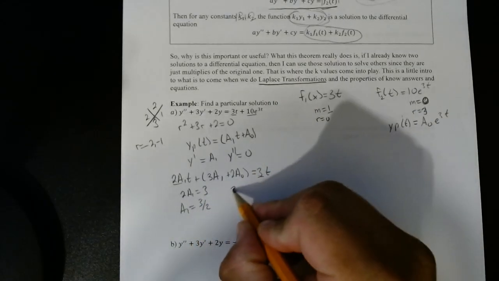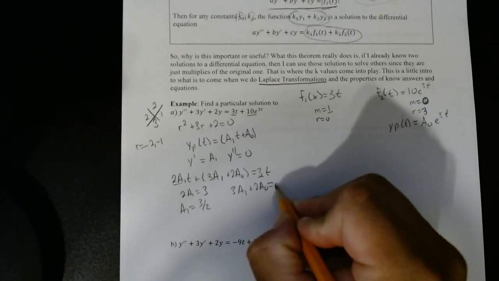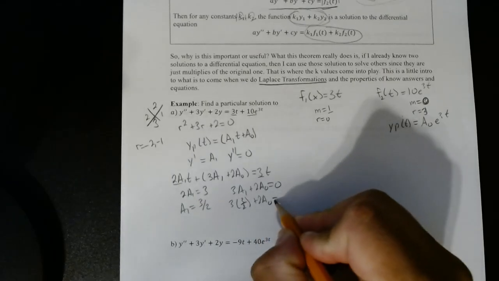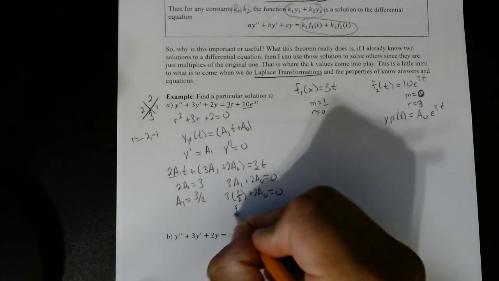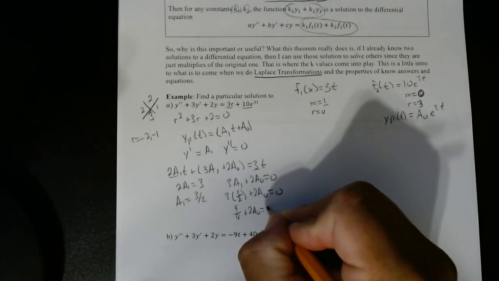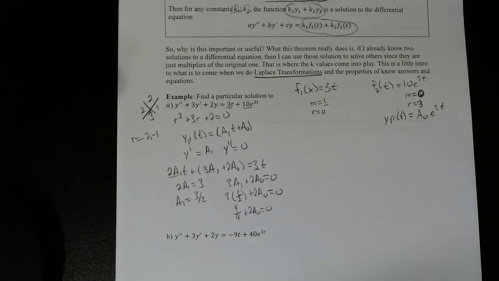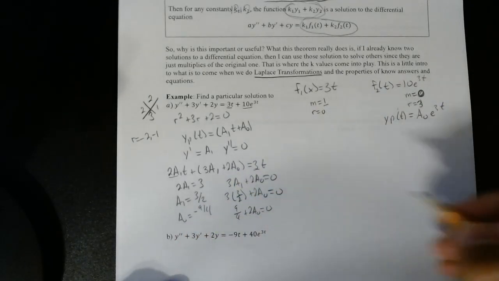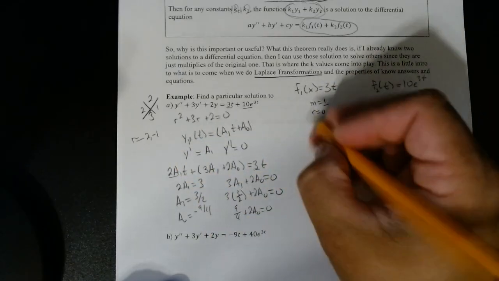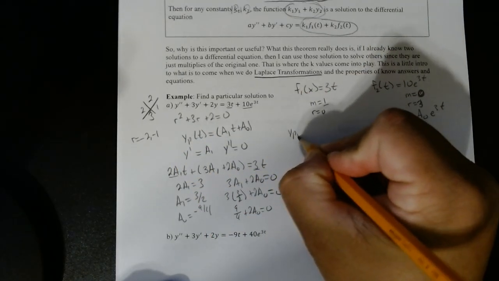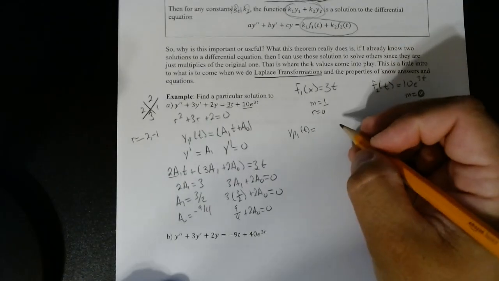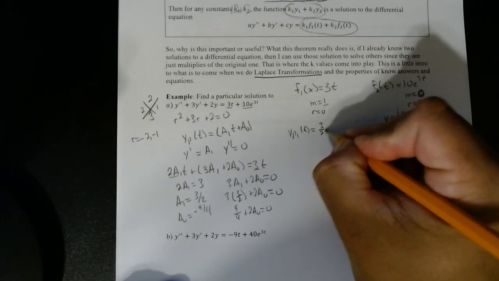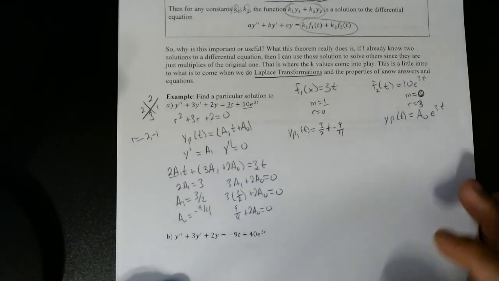Plug this in here, and remembering this gives you 0, it gives you 9 over 4 plus 2a0 equals 0. Bring it over and divide, and a0 is equal to negative 9/4. So this particular solution, I'll call it P1, is equal to that.